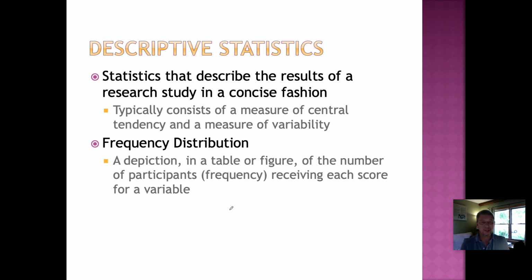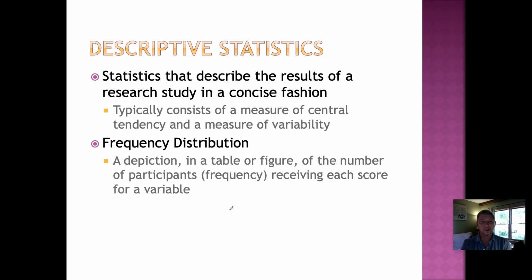And we'll talk about each of them in some detail over the course of the next few minutes. Now, in addition, you can have what's called a frequency distribution, which is a depiction in either a table or a figure of the number of participants receiving each score for a variable.